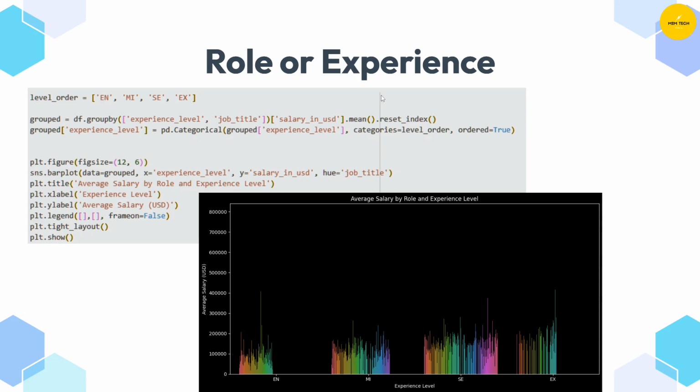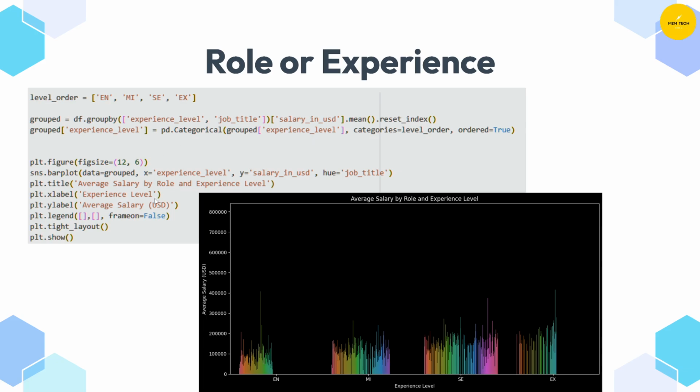To do this, we first have to define the level order, because without it, it would just sort alphabetically. If we define the level order ourselves, it makes the experience level more clear. Then we get the information that we want by using the data frame. Since we're trying to sort by experience and role, we use experience level as the X with job title, and the salary will obviously be the Y-axis.